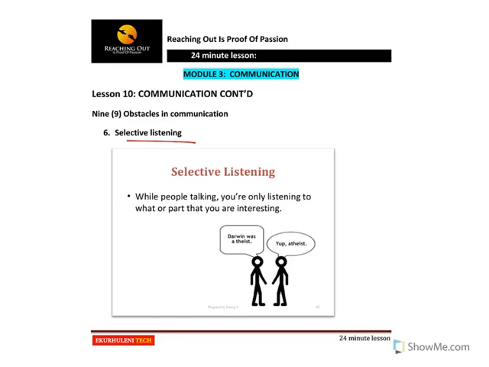When I'm communicating with you, you can switch in, that is, you are now listening to me, and at the same time, while I'm still communicating, you can switch off or switch out. That switching in and switching out is called selective listening. You only listen to what you are interested in hearing. So this can be an obstacle in communication.